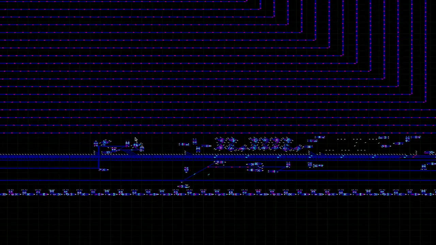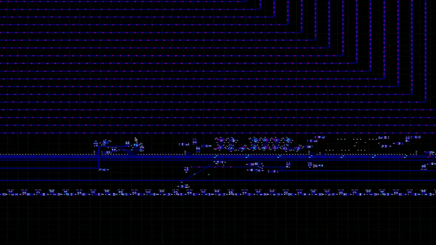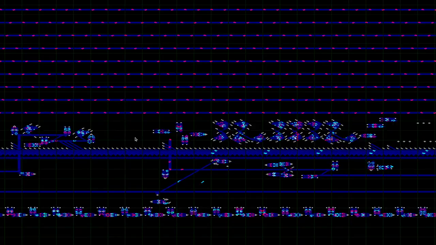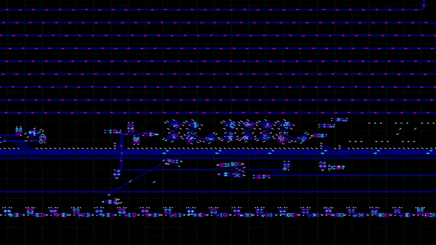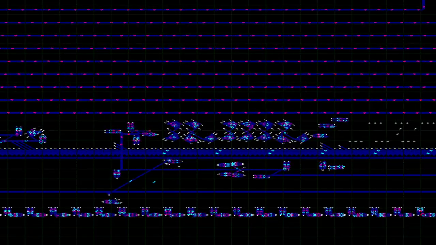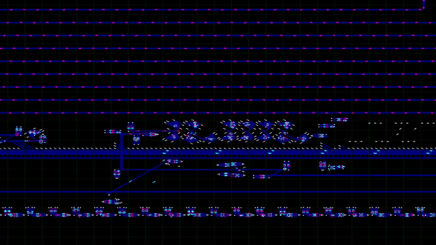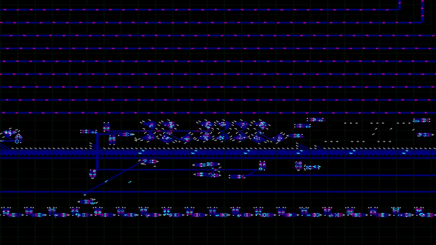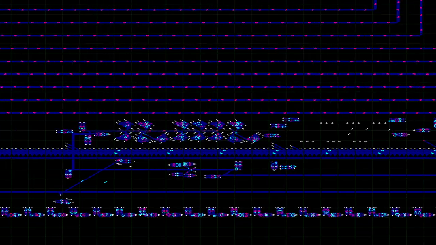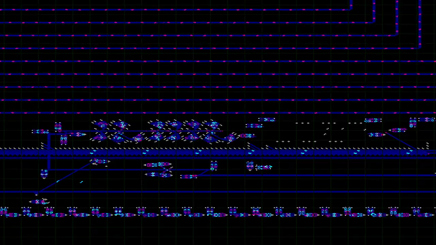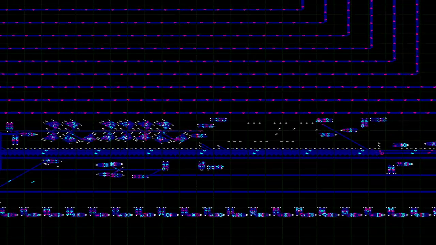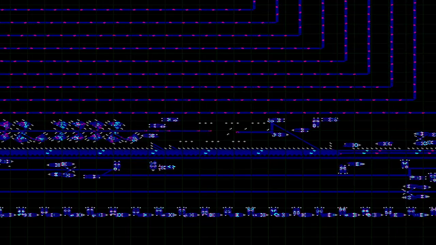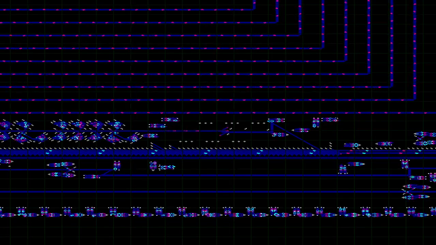So let's see, it's 5. Okay, so now it's gonna go in here. And I believe this just transforms it. It just transforms the type of spaceship. Okay.